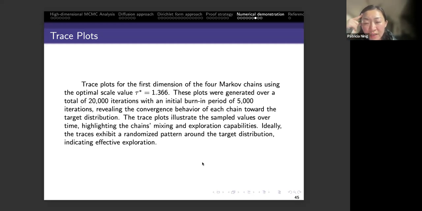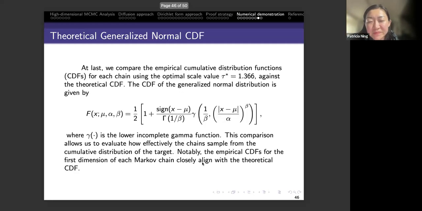This trace plot illustrates the sampled value over time, highlighting the chain's mixing and exploration capability. Ideally, the trace exhibits a randomized pattern around the target distribution, indicating effective exploration.